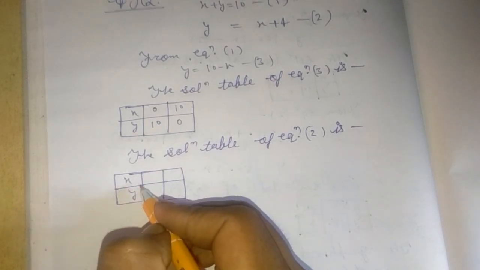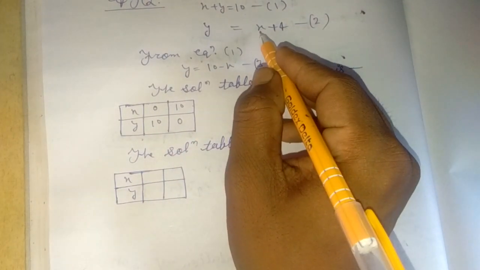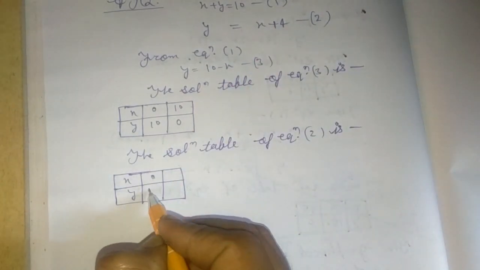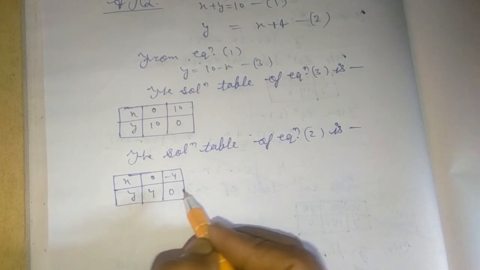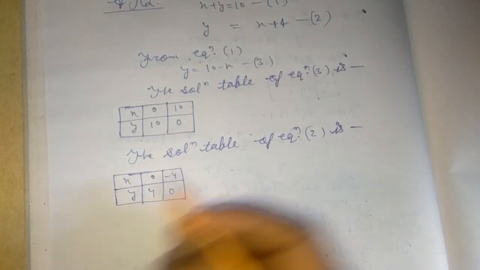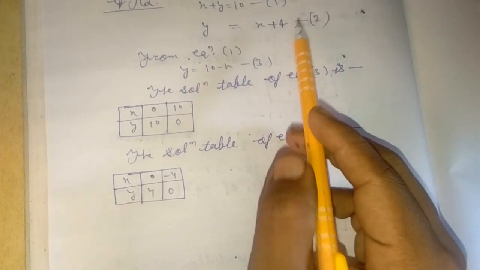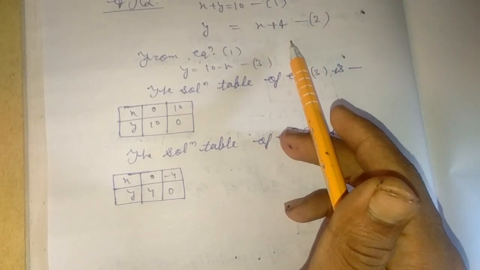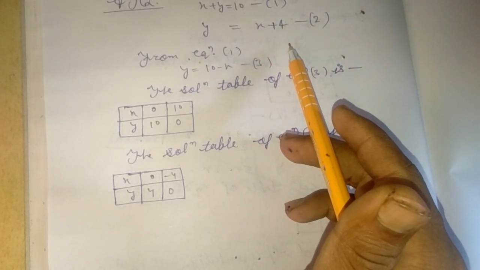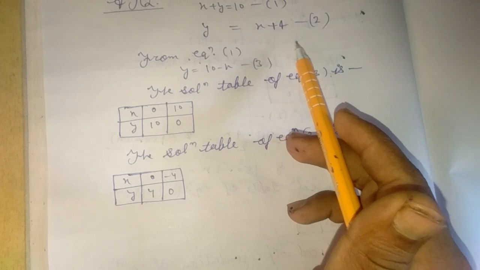We put x equal to 0, we get y equal to 4. When we put x equal to minus 4, we get y equal to 0. So you can see here equations 1 and 2 represent a pair of linear equations in 2 variables algebraically.